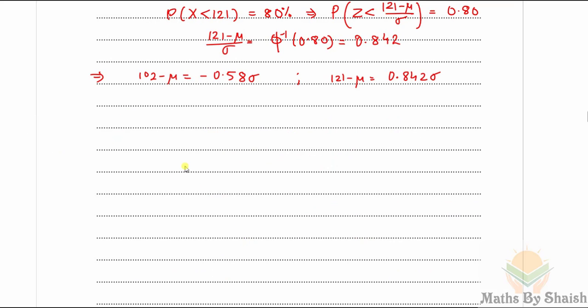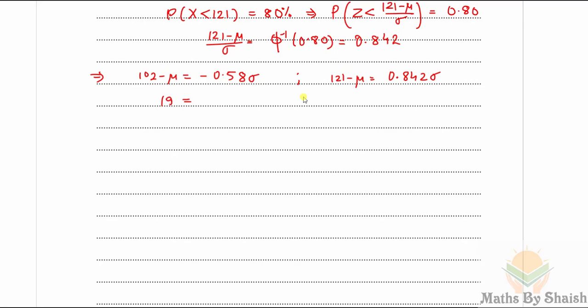So now we'll calculate the value of sigma. If we subtract this first equation from here, we will get mu cancel, 121 minus 102, and this is going to be 19, and this is equal to 0.842 sigma plus 0.58 sigma.